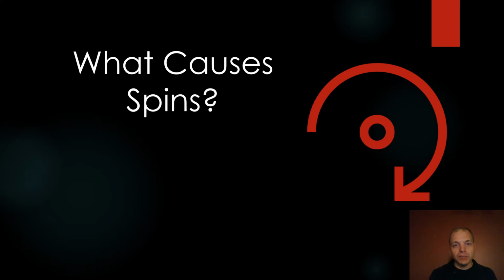First, we'll discuss what causes spins. Simply put, a spin is a stall in which one wing drops, being essentially more stalled than the other wing.